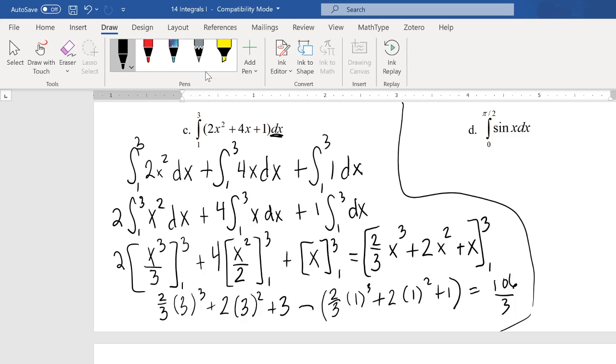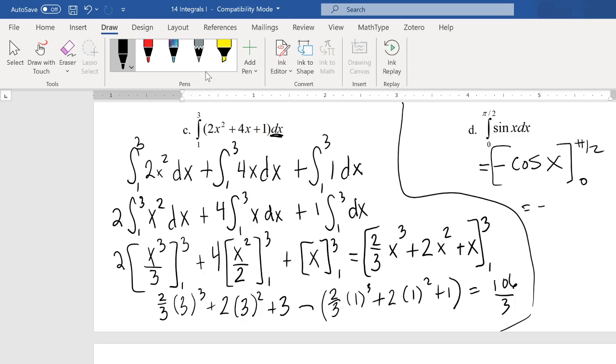Okay. So integral of sine. Remember, in order to get back sine as a derivative, we would need the original function to be minus the cosine. So when we integrate sine, we get minus the cosine. And this is evaluated from 0 to pi over 2.